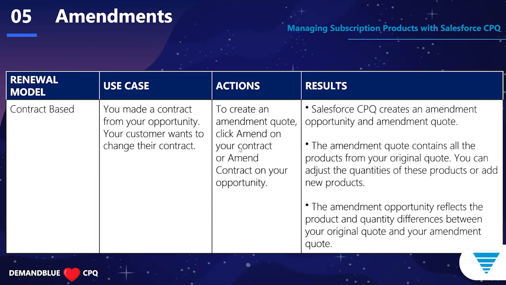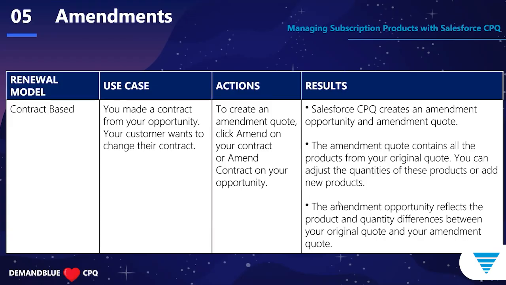You can hit amend on the contract, or you can hit amend contract on the opportunity. Salesforce CPQ will automatically create the amendment opportunity and quote, and it'll have the products from your original quote. You can adjust these quantities. The amendment will reflect the quantity differences between your original and the amended quote.